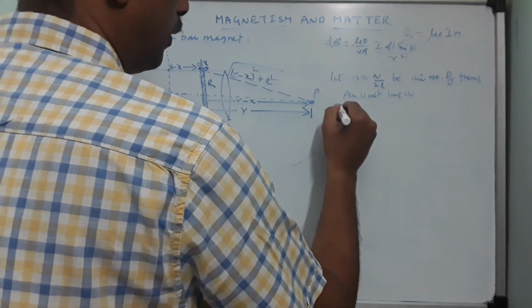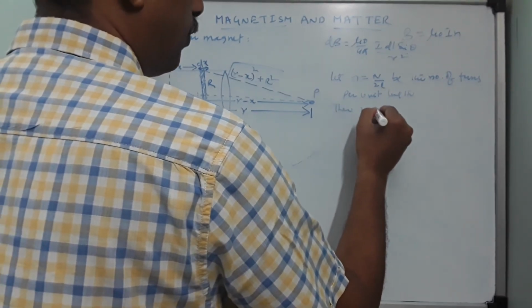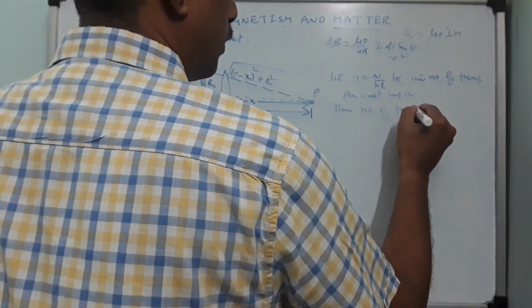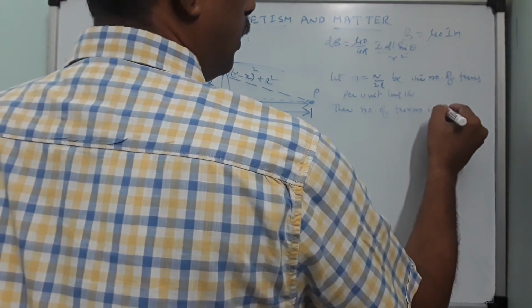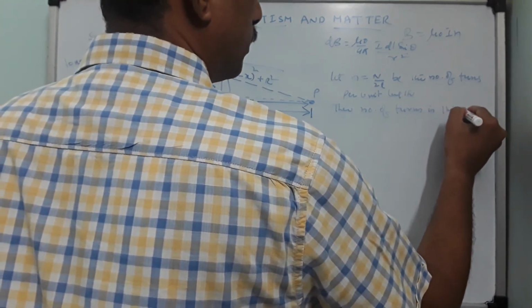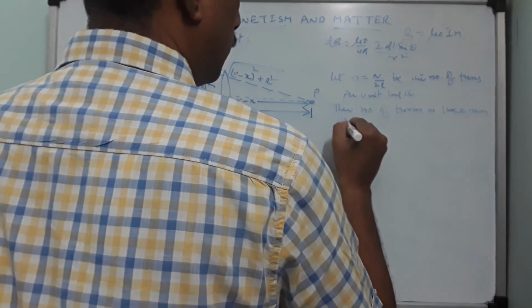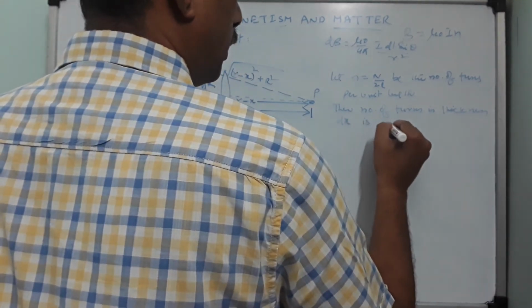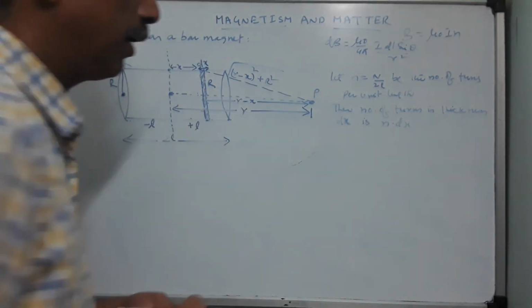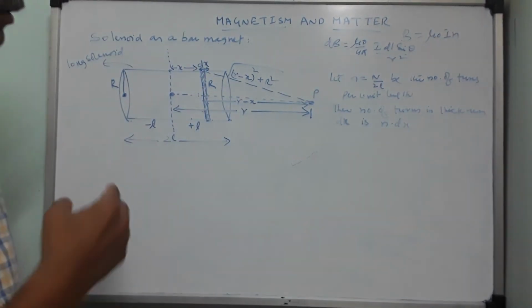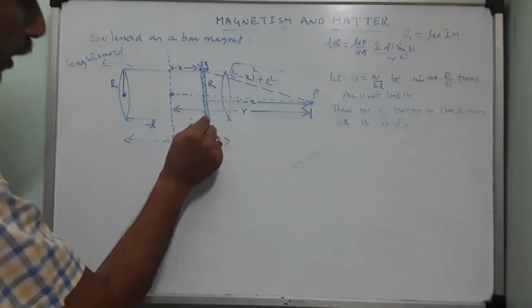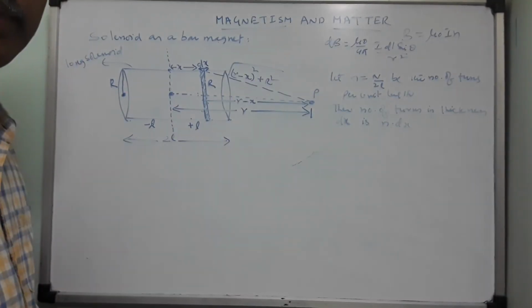Then the number of turns in thickness dx is n into dx, the number density multiplied by the thickness. So these many turns will be there. In this, how many turns can there be?